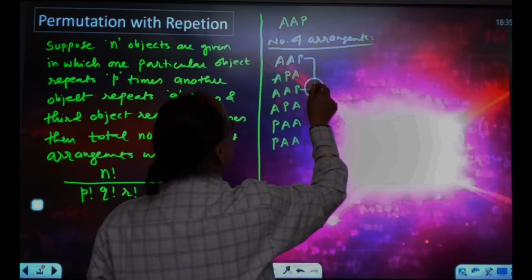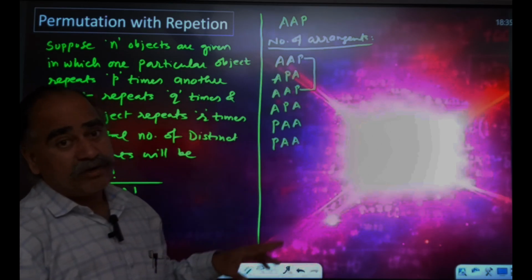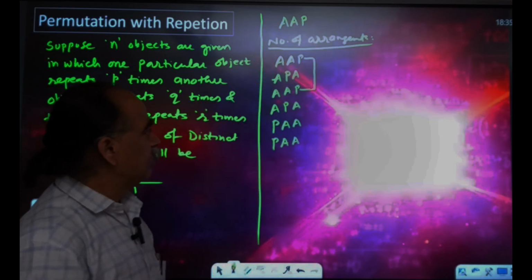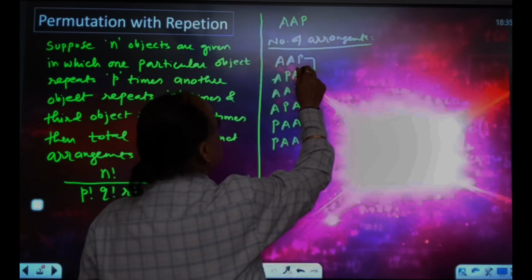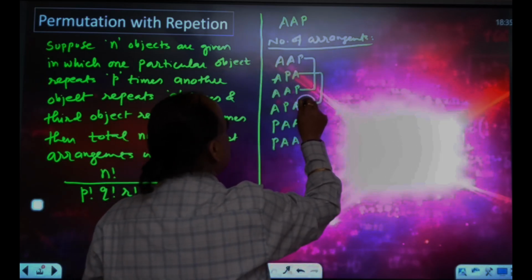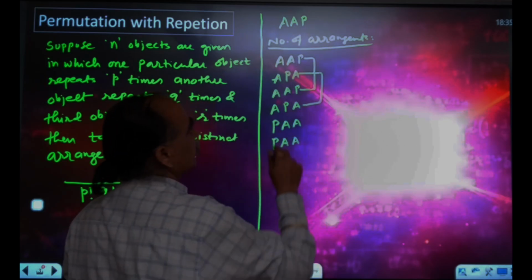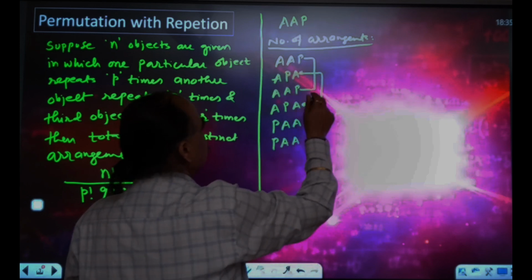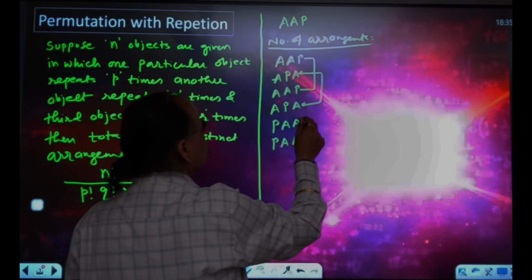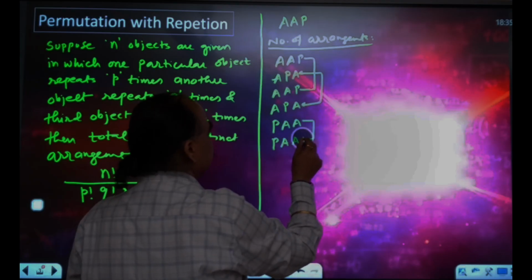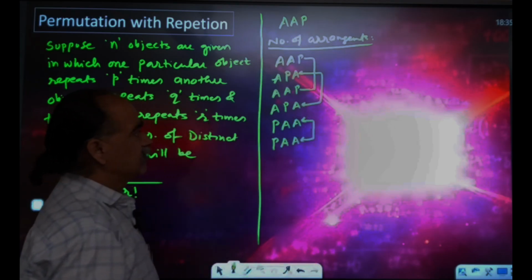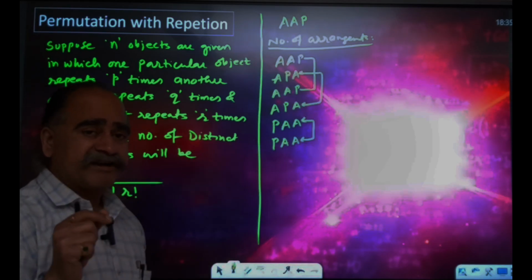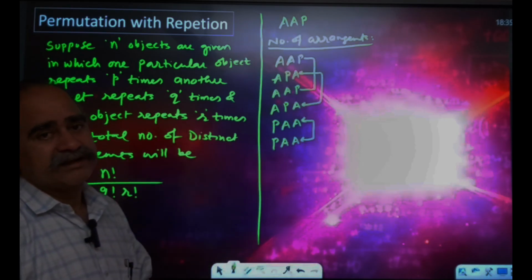Both are one and same. We cannot say them as two distinct. They are one only. APA and this APA, both are same. And this PAA, and next one is PAA. So if you see, the number of distinct elements will be what? Only 3.